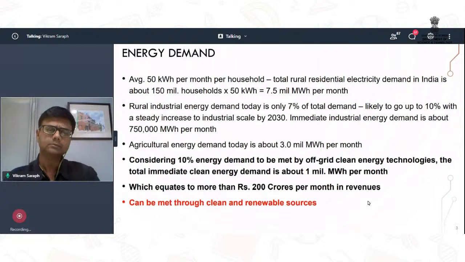Now, if you see that the rural industrial demand out of the whole rural energy demand is only 7%, and that gives us a good idea about how low technology or how less in number the rural industrial output is, which we are hoping is likely to go up.